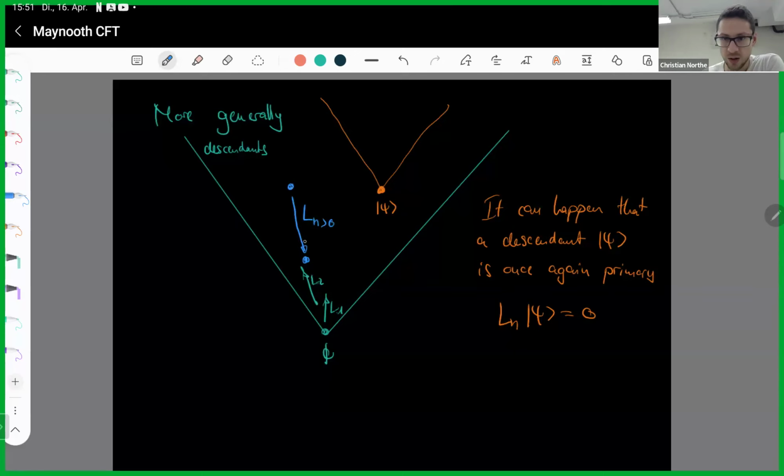So I can always go down in the cone, just like I can go up in the cone by increasing energy, I can always go down by decreasing energy. But if I'm at psi, there is just no way. Because of this condition, I cannot go back.